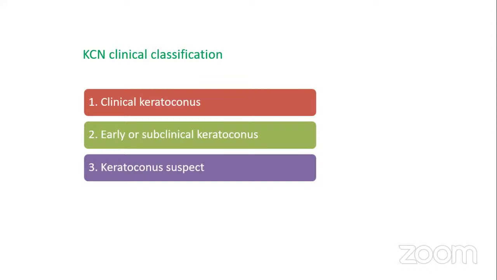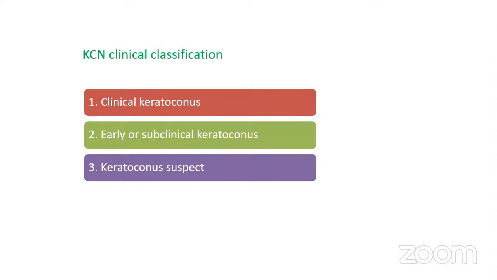In clinical keratoconus, we find slit lamp signs and also a scissoring reflex in retinoscopy, and a few signs which I'll be mentioning in subsequent slides in the corneal topography. In earlier subclinical keratoconus, we do see topography changes in Pentacam and a scissoring reflex, but we don't find any clinical evidence or signs under the slit lamp.